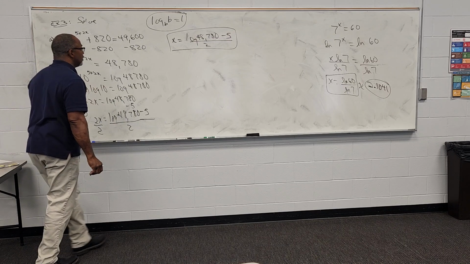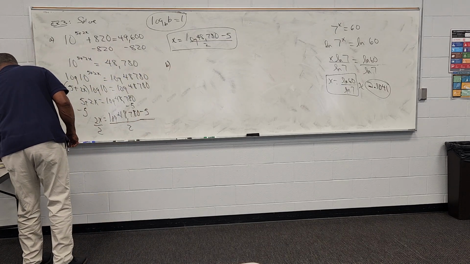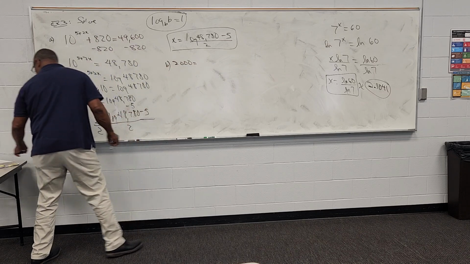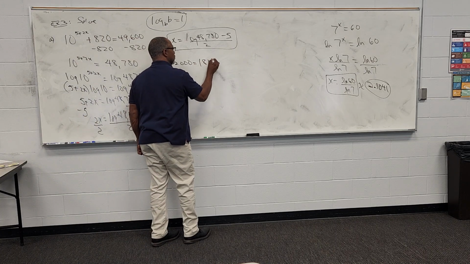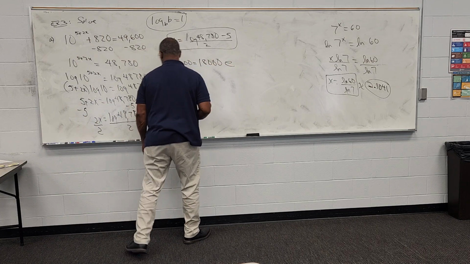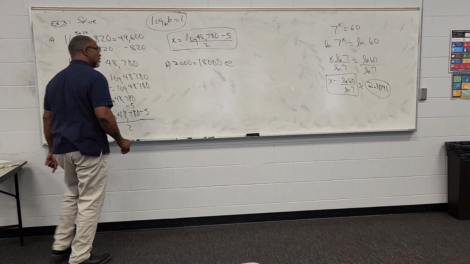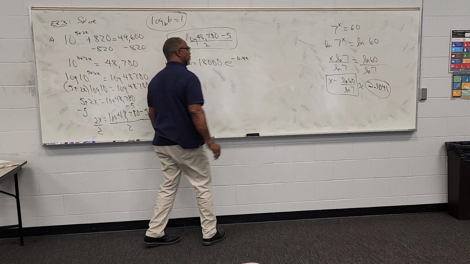Okay? Well, B, they say solve 2,000 equals 18,000 e raised to the negative 0.4 t power.